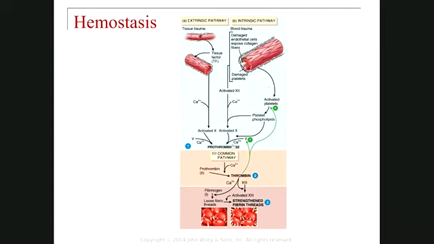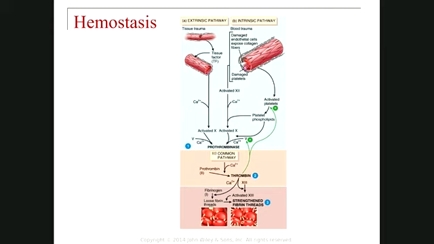When the prothrombinase is formed, the common pathway starts. In the common pathway, we have change of prothrombin to thrombin. After that, the thrombin works as the enzyme and changes fibrinogen to fibrin strand.